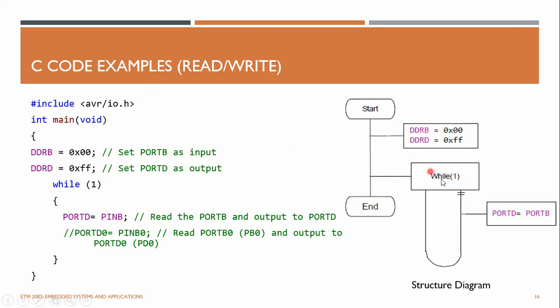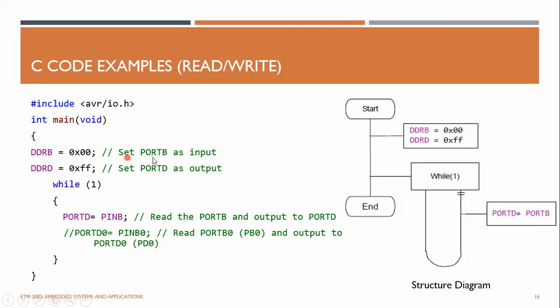Then I go to the while loop and check this condition, and it is always true. Then I will copy whatever the value on PORTB input to PORTD. Okay, so this is that code.